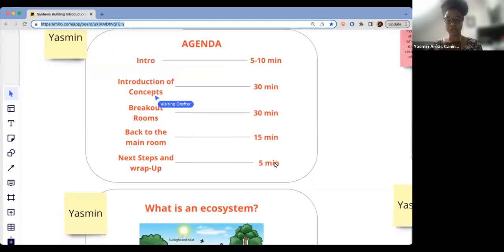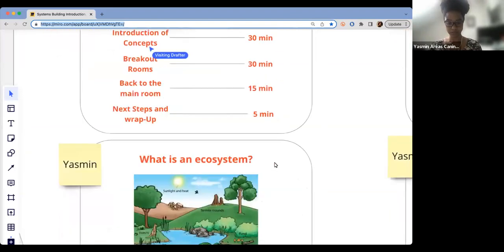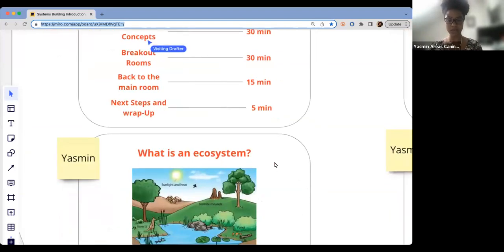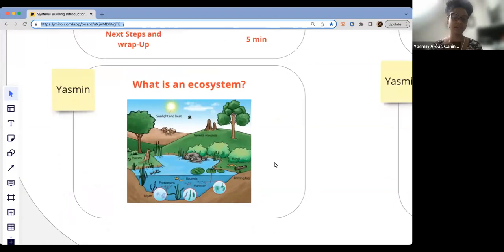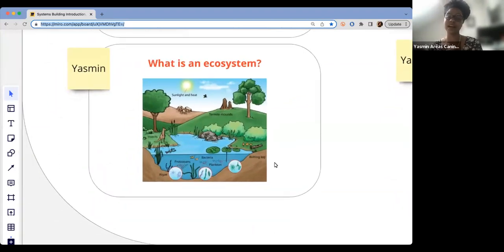So for us to start, this concept of ecosystem, I think some of you may have heard about it in your biology classes a couple of years back, or maybe you were sleeping during this class, I don't know. But I would like you to help me remember, what is an ecosystem?